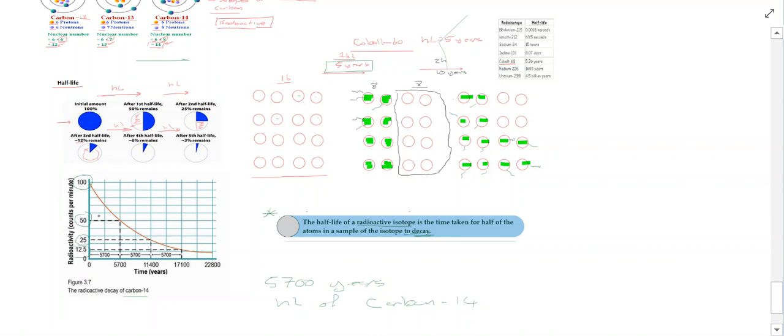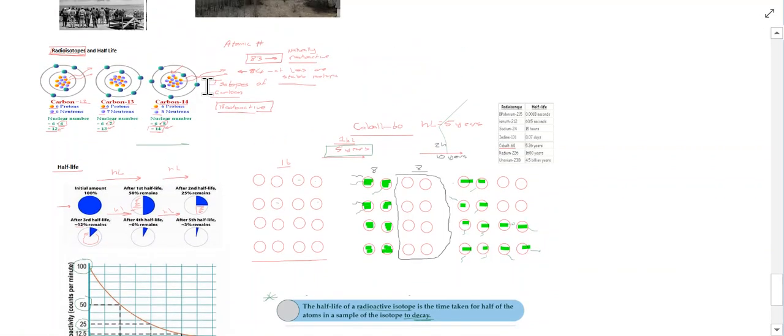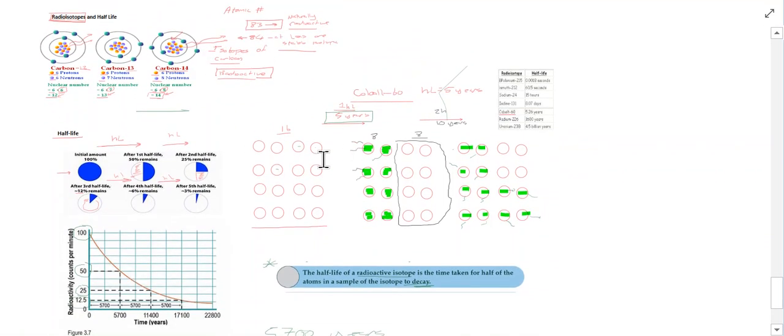It has undergone radioactive decay, and the atom has changed into a different element, depending on the type of decay that happens. So that is the idea of radioisotopes, and the whole concept of half-life and what that means.